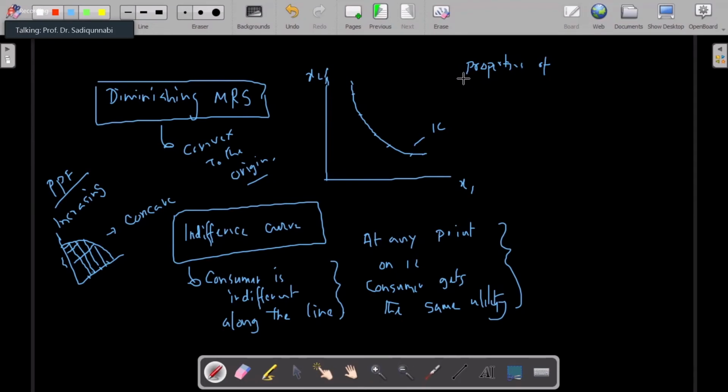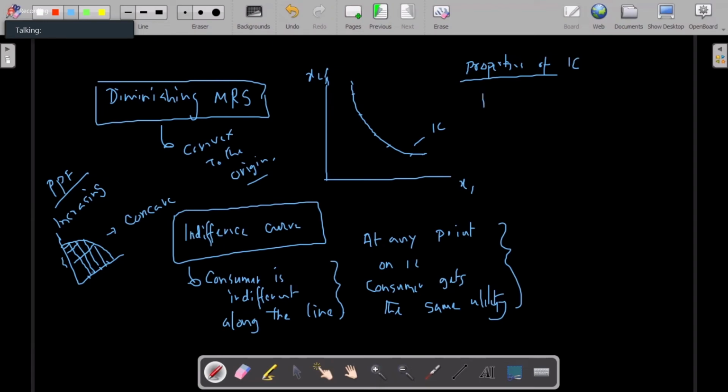Yeah, I'm just writing the properties and our class is finished. I'm writing the properties and we'll discuss them in the next class. So just know the properties of the indifference curve and then we finish our class for today. All right, so properties of IC.